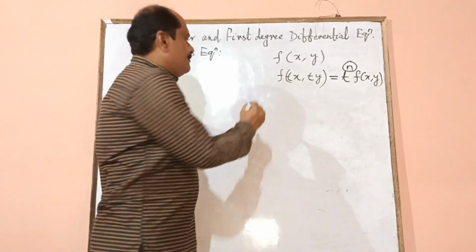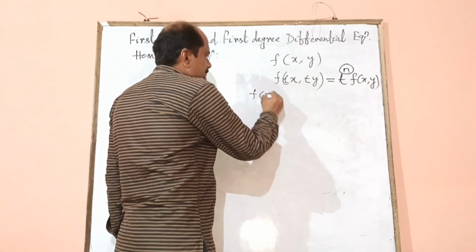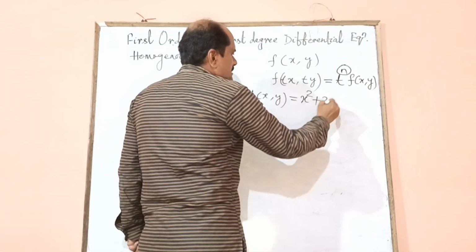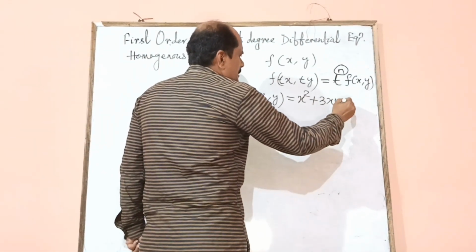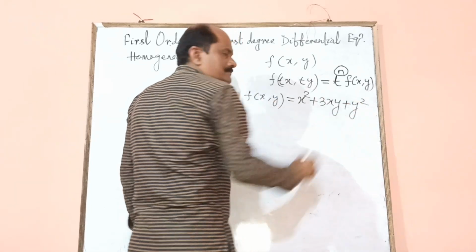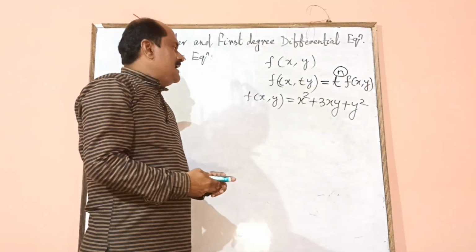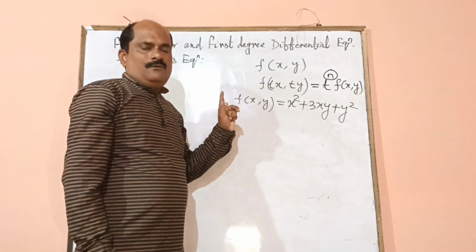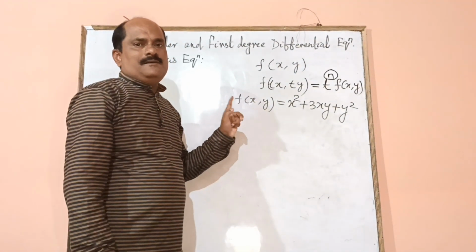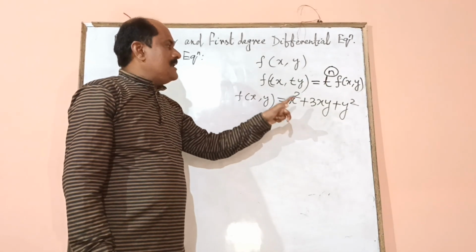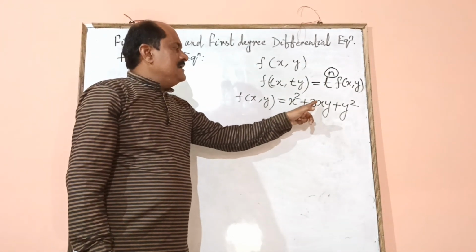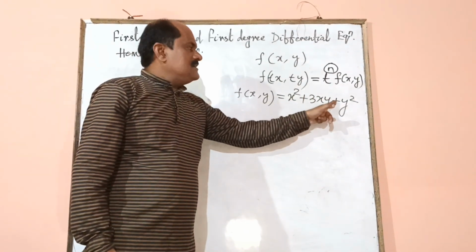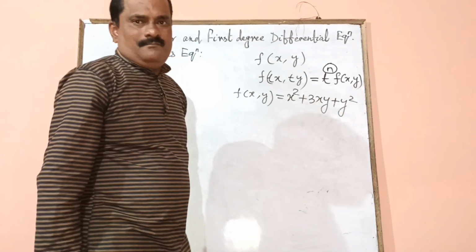For example, f(x,y) is equal to x square plus 3xy plus y square. If we replace x by tx and y by ty, what happens on the right hand side? We get t square x square plus 3 tx ty, that is 3t square xy, plus t square y square.